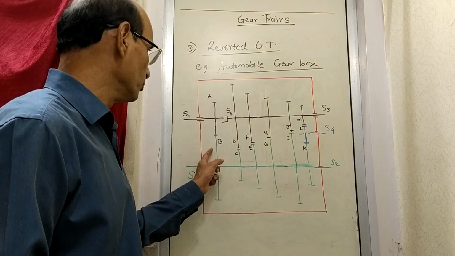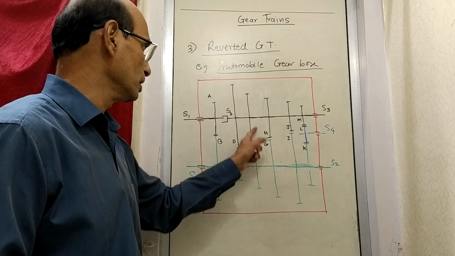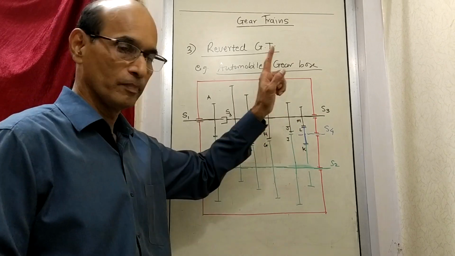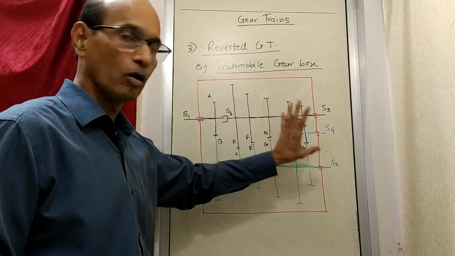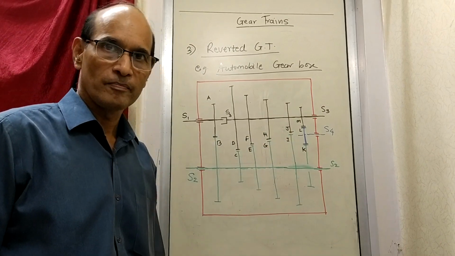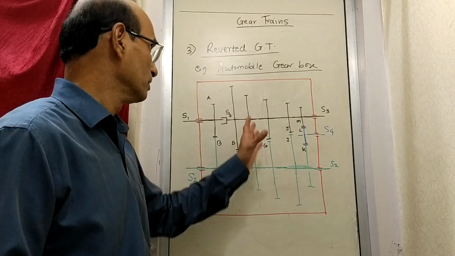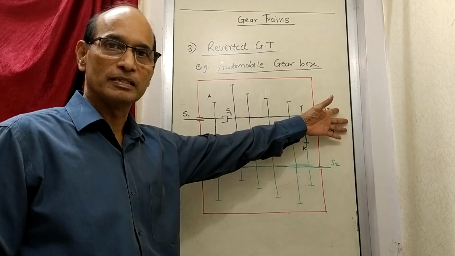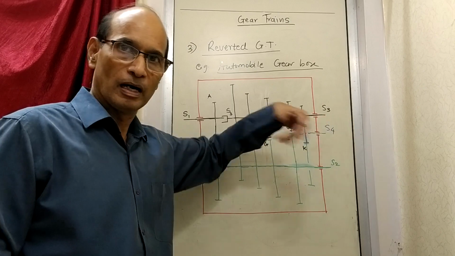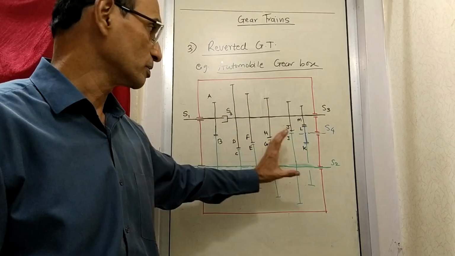So these are the different gears that are fitted on all these different shafts. Now how the power is transmitted, and as it is an automobile gearbox, how are you going to get different speeds? That is what we are going to see. In the next session we will see how this is going to work.